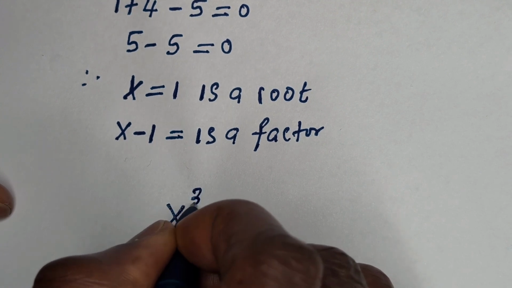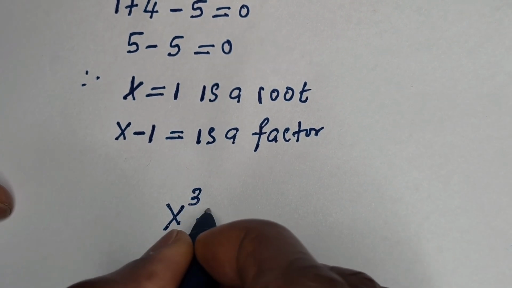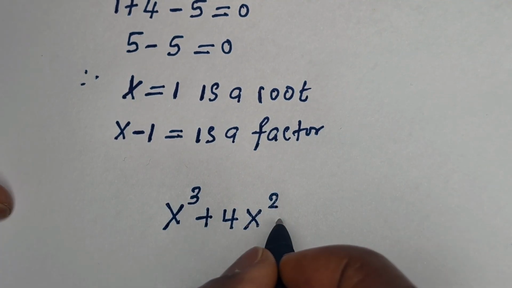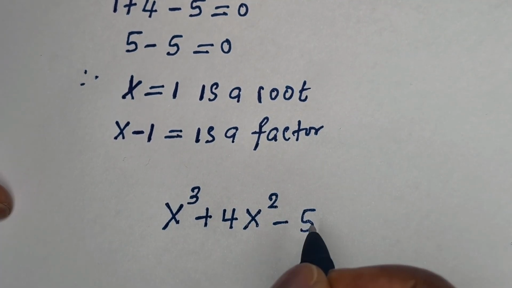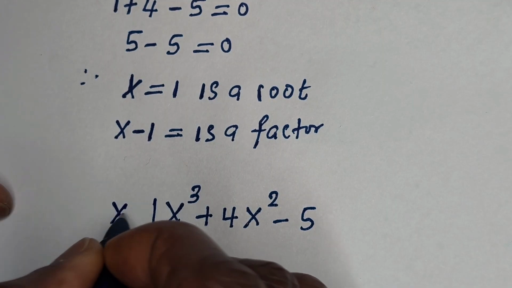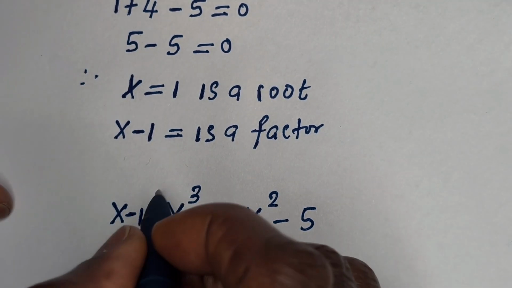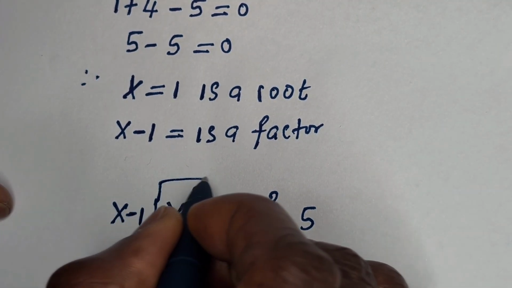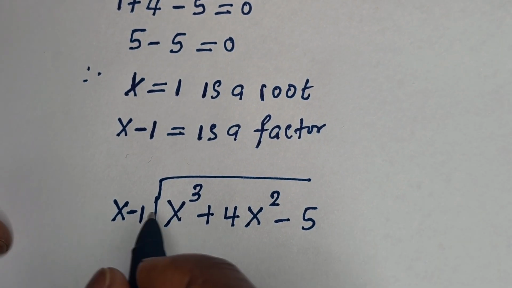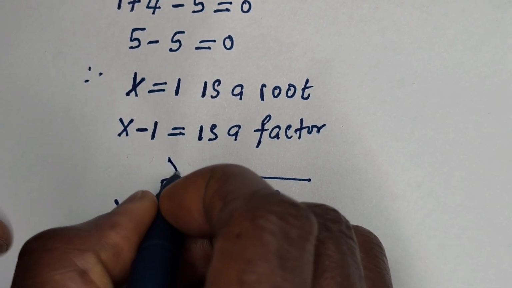That is s raised to power 3 plus 4s squared minus 5. Let's divide it by s minus 1. s goes in s raised to power 3. This is s squared.